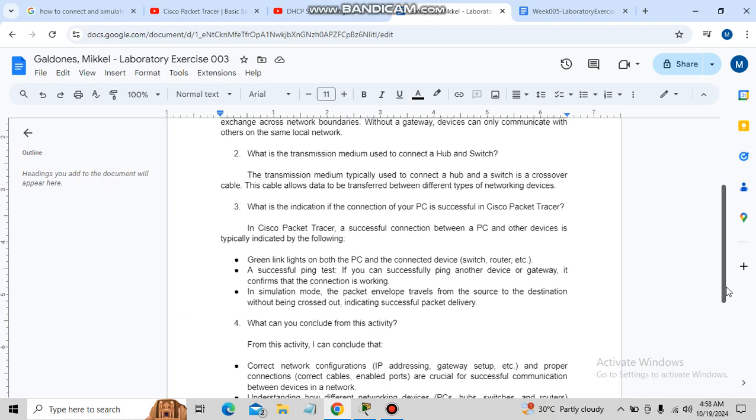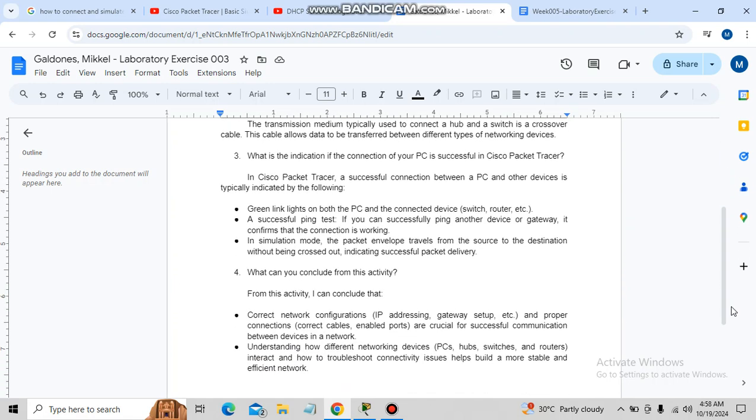So what can I conclude from the activity? Well, I can conclude that correct network configurations, with the help of proper media or proper cables, are crucial for successful communication between devices in a network.